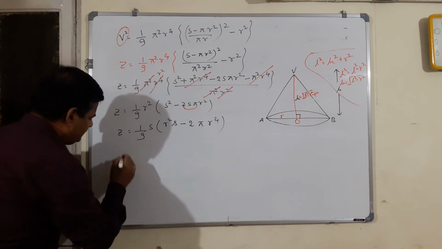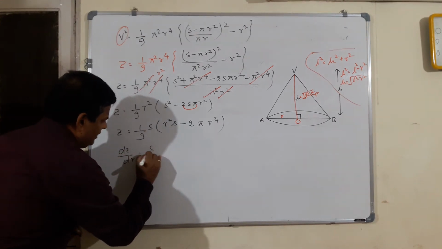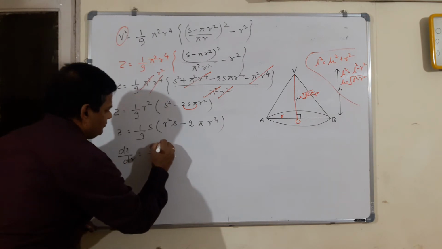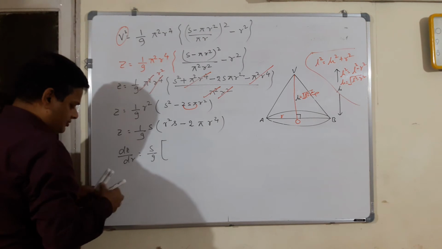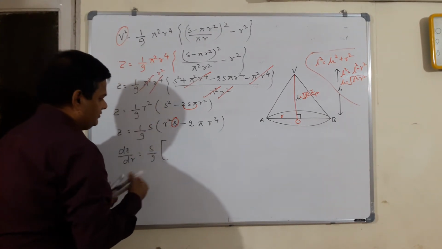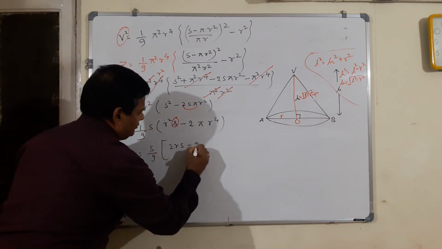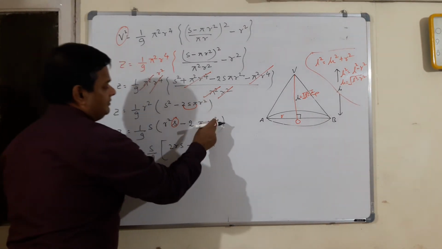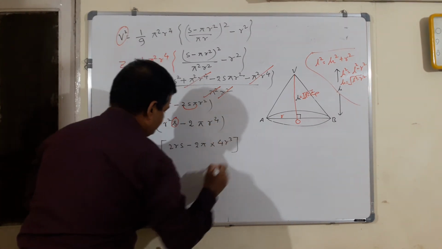So dz by dr is equal to s by 9. Here s is constant. So differentiation of r square is 2r, so 2rs minus 2 pi is constant. Differentiation of r raised to the power 4 is 4r cube.